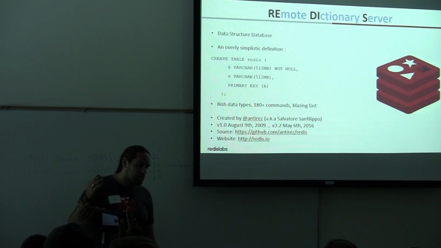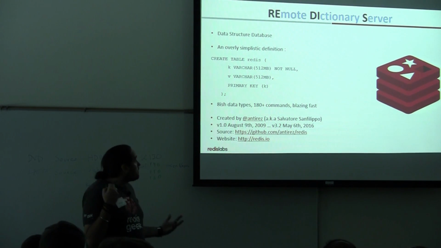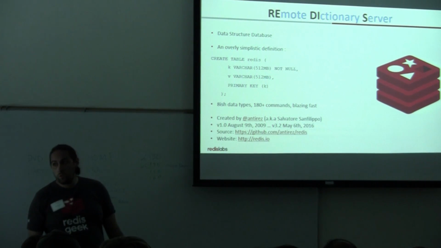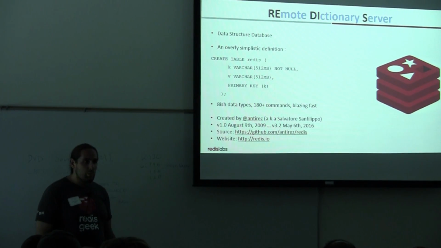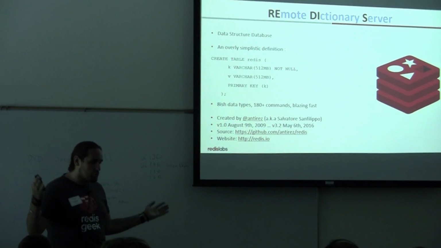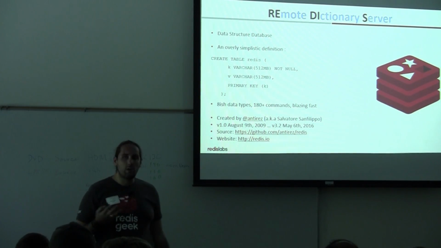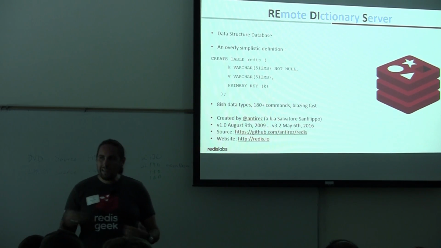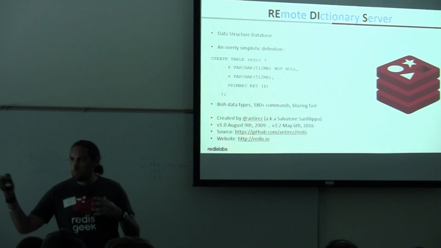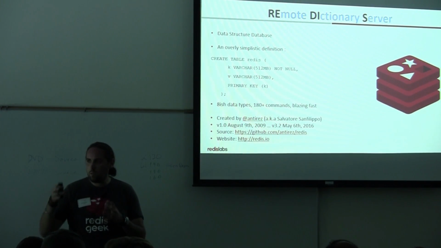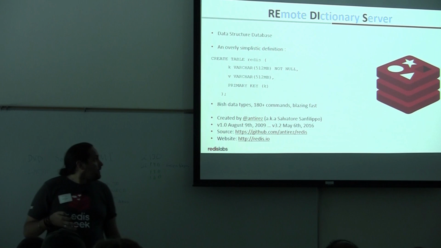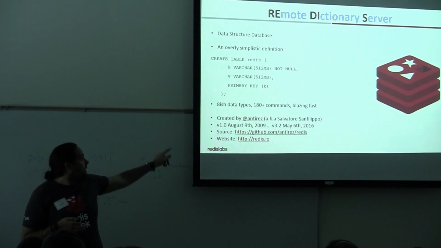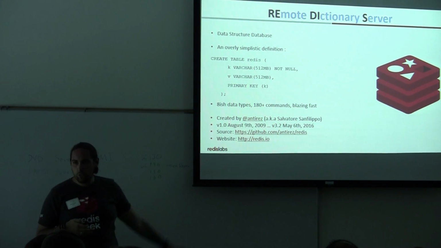But the general idea is that Redis is a data structures database. I often refer to it as memory as a service. That means you can have n number of servers sharing a memory pool, and it can be very complicated and high scale data structures using the primitives that are available. For those of you coming from a SQL background, here's a very simplistic definition.